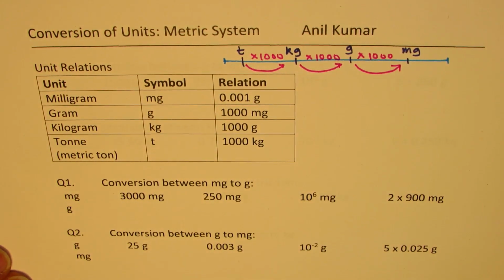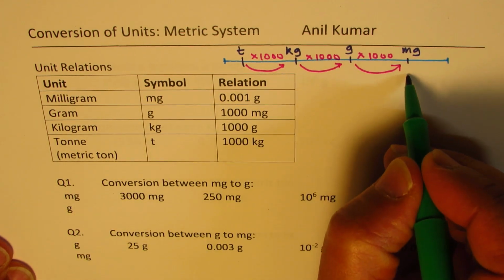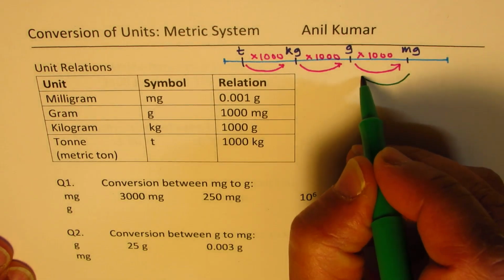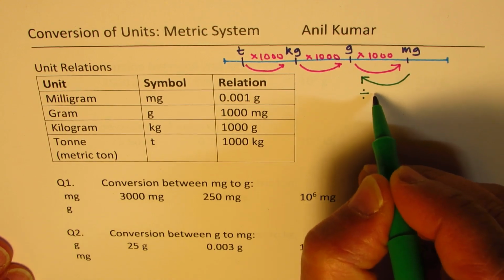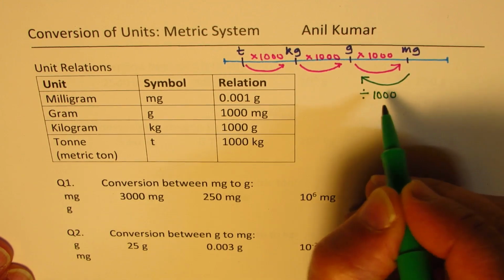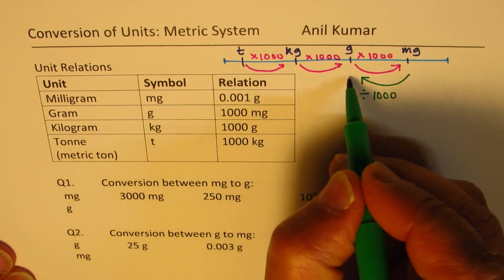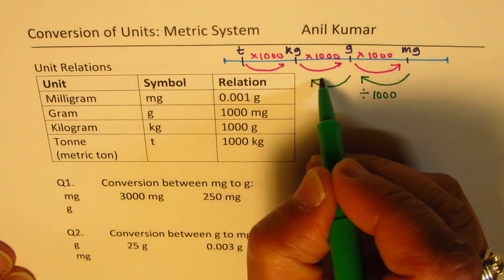So if you move in this direction, it is multiplication. And if you are moving in the reverse direction, that is, when you want to convert milligrams to grams, then you have to divide by 1000. Okay? So that is how we will work with these units.